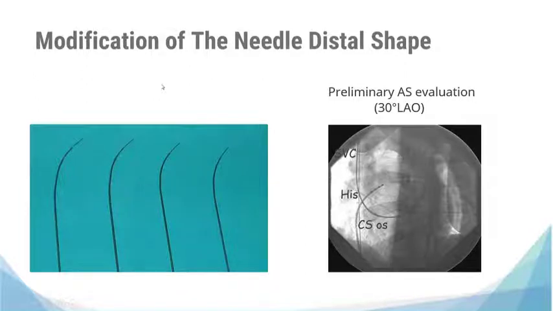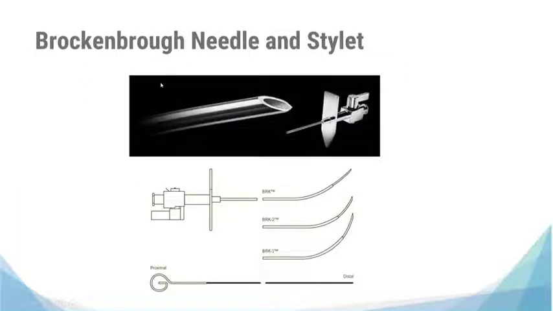Then the second issue is that we have to keep the stylet inside the needle lumen when we advance the needle inside the dilator, when both the dilator and the sheath are inside the body of the patient.